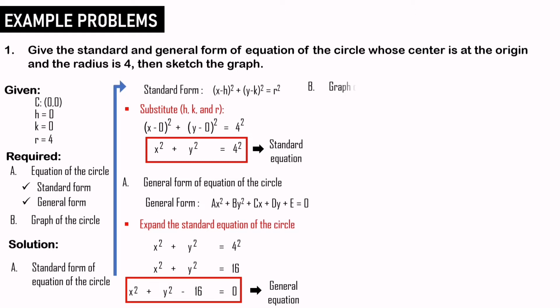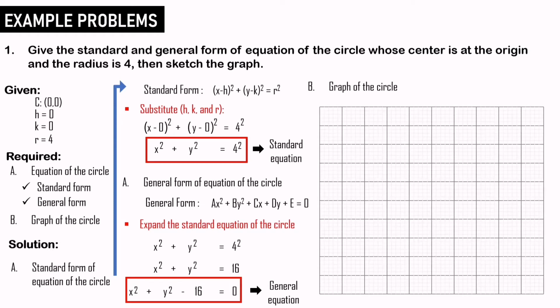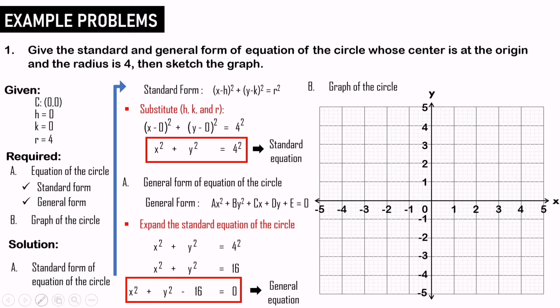Next kay ato nang i-graph ang circle. Okay, so i-graph nato. Unsaon pag-graph? Una kay i-locate asa ang center. So ang center nato kay naa sa origin 0, 0. So naa diri. Sunod kay ang radius. Ang radius nato kay 4, no? So pasaka mag-count ta og 4. 1, 2, 3, 4.